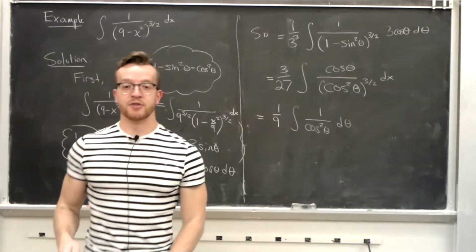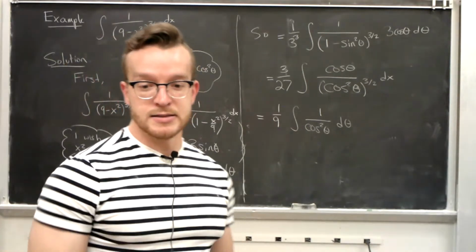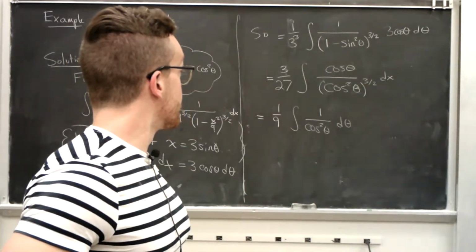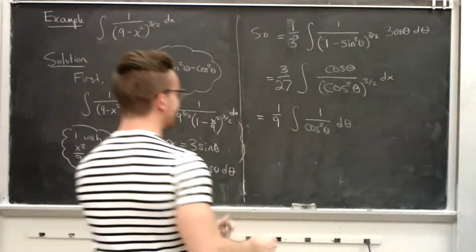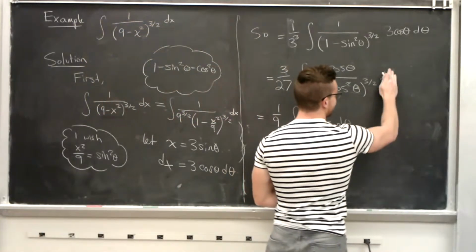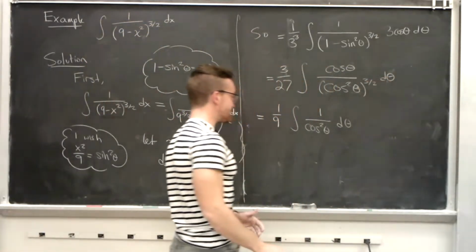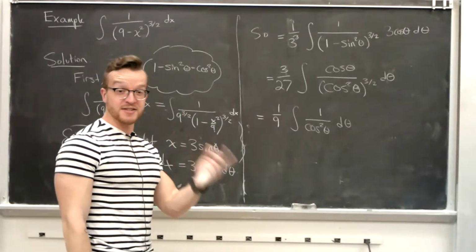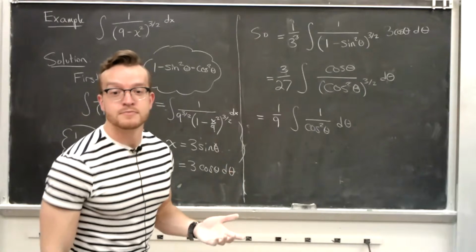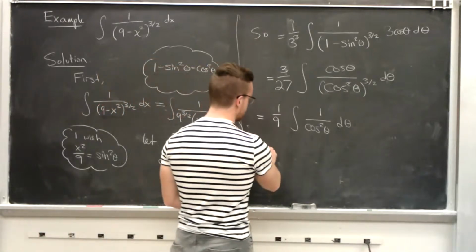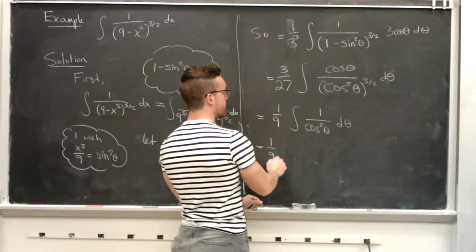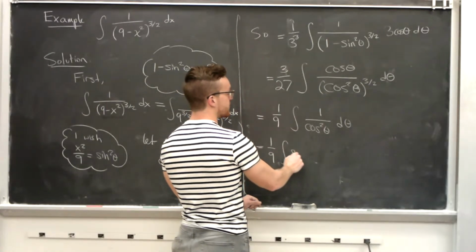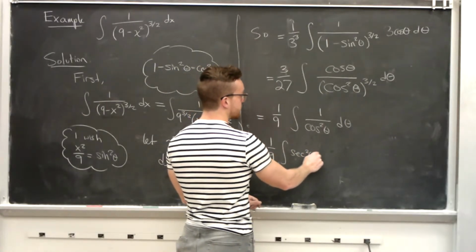That's what we have to figure out. Oh, thanks. Good catch. 1 over cosine squared is secant squared. And I remember that the derivative of tangent is secant squared.